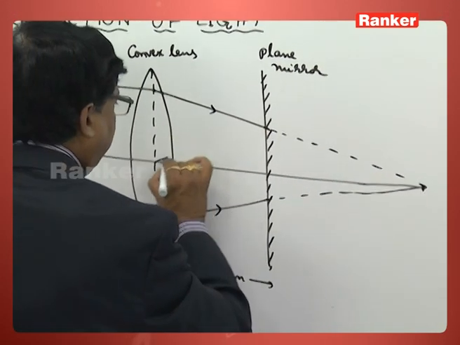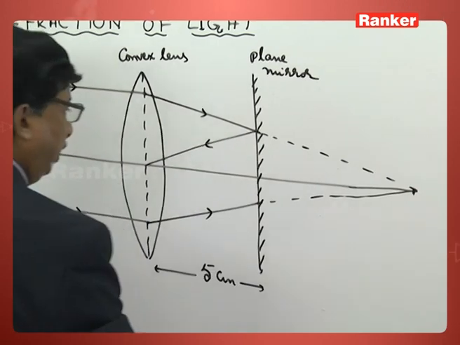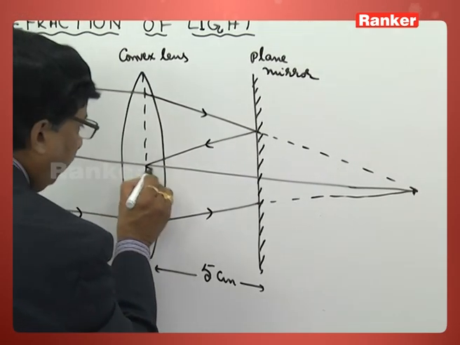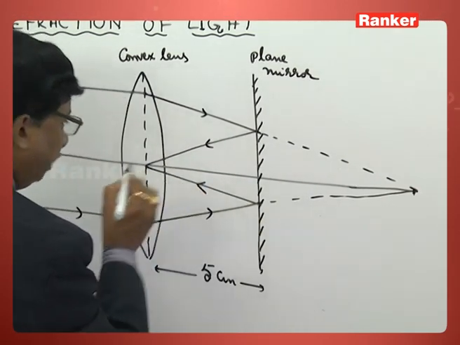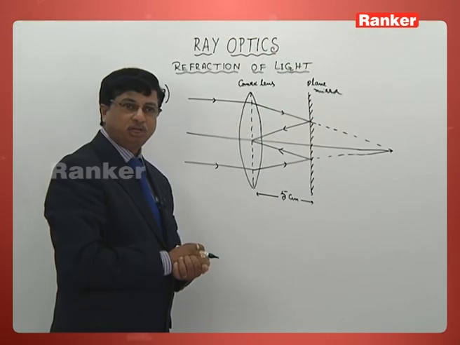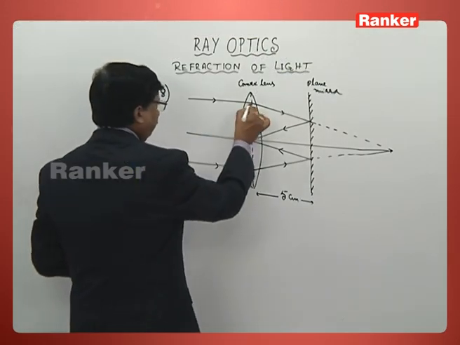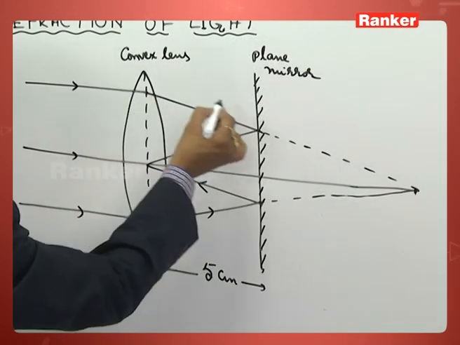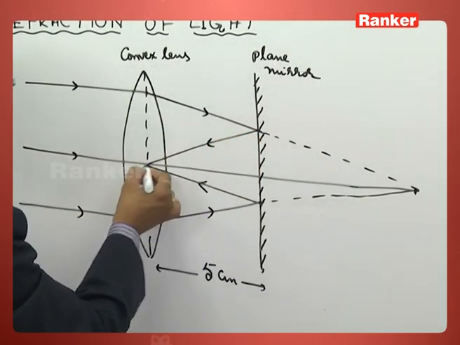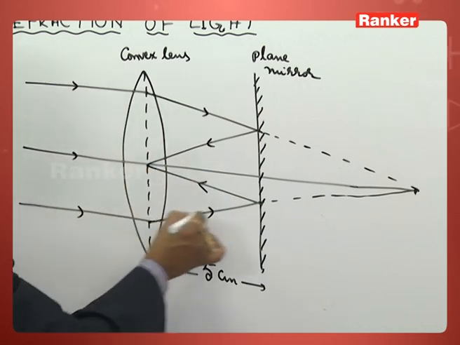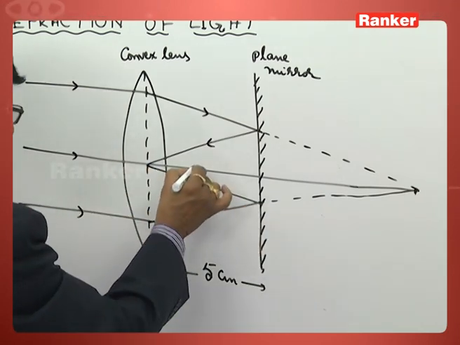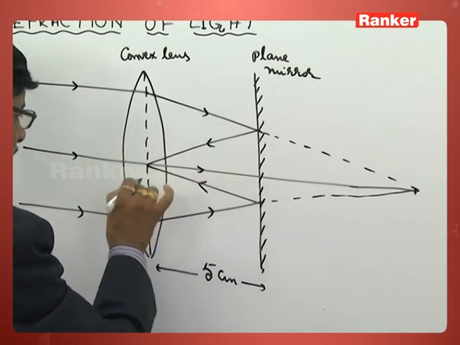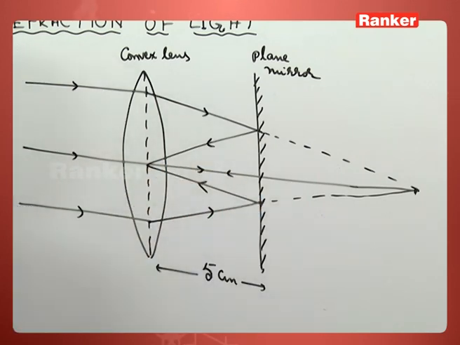This ray has been reflected this way. This ray has been reflected this way. Observe carefully. The ray whatever is just falling parallel to the principal axis, it is just striking the plane mirror, reflecting, and this ray also is reflecting. This ray whatever is going straight along the principal axis also reflects like this.